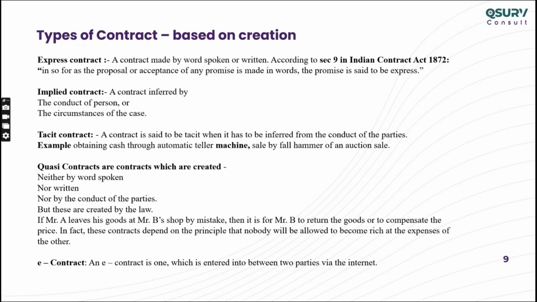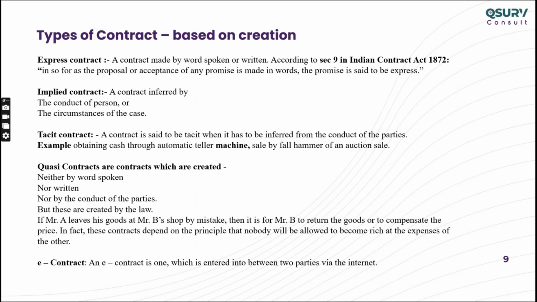What is this implied contract, and what does it mean by conduct of person or circumstances? This means nothing is written. Let me remind you of an example I mentioned. I'm constructing and there is a shop in front of me selling cement and rebar. I will just wave at him and show one finger, two fingers.